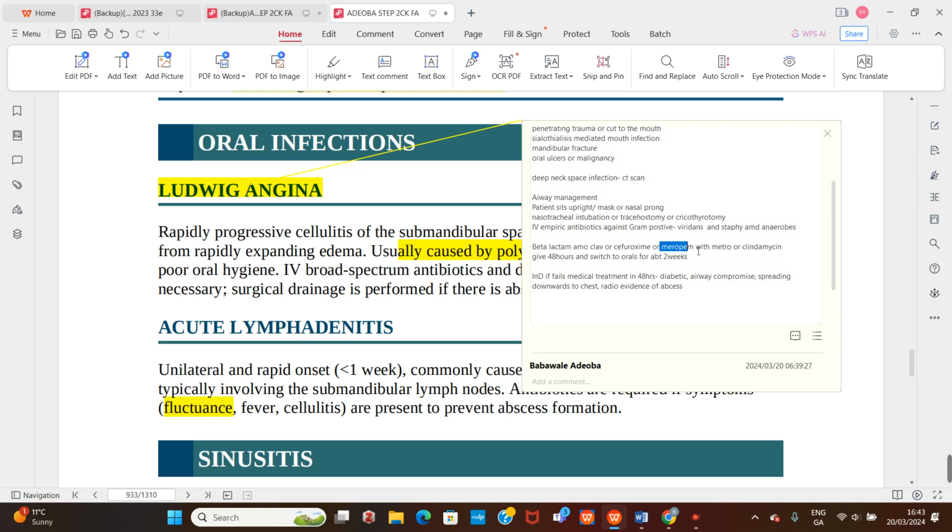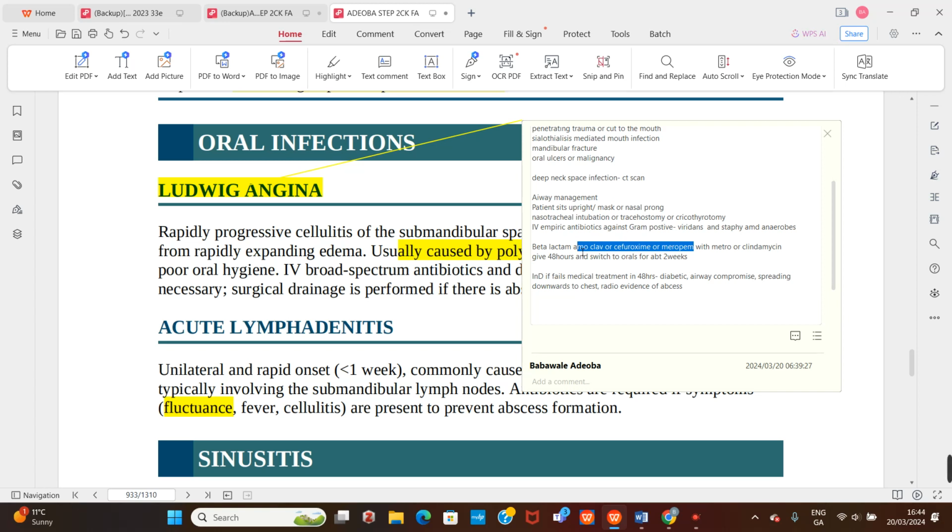All these that we are giving are active against bacteria that have the beta-lactamase, that is bacteria that can cleave the beta-lactam. So you want to give amoxiclav, cefuroxime, or meropenem with clindamycin or metronidazole to cover for the anaerobic component. You want to give that for 48 hours IV.